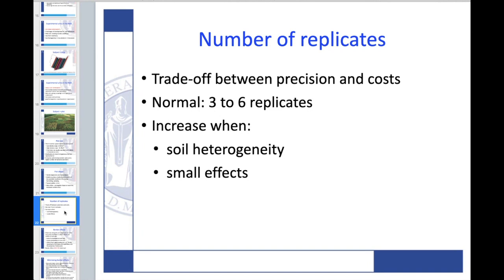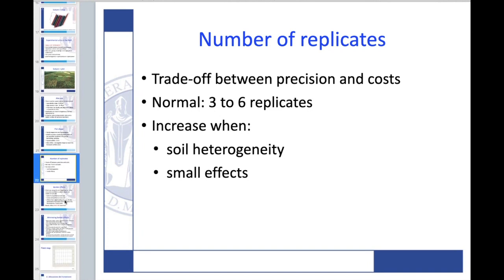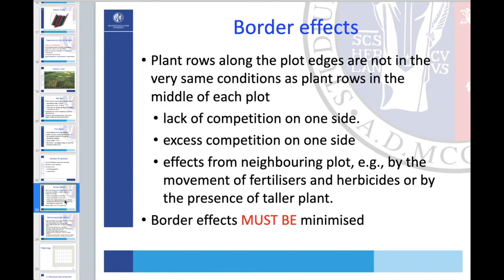One peculiar aspect of a small plot experiment is the so-called border effect. That's very important. If we take one plot and consider the edges of the plot, the plants along the edges are not in the very same conditions as the plants in the middle of the plot.